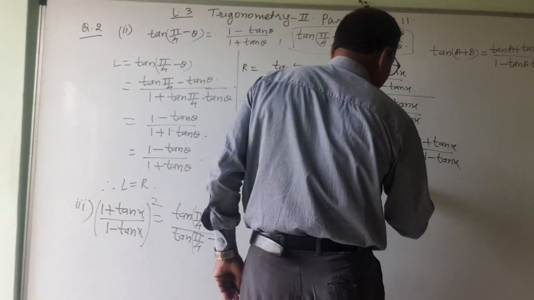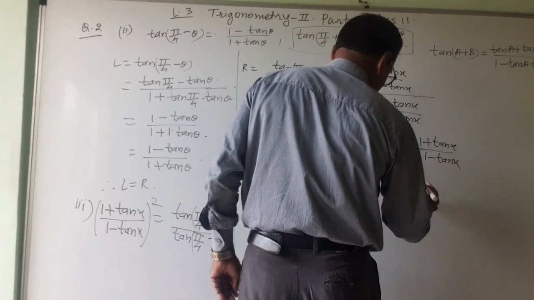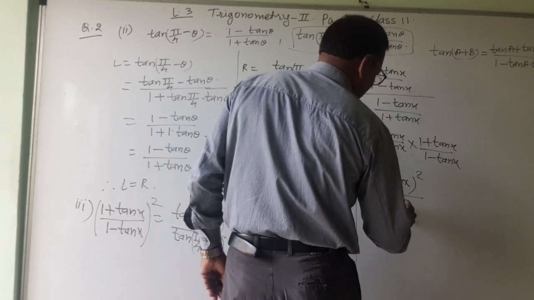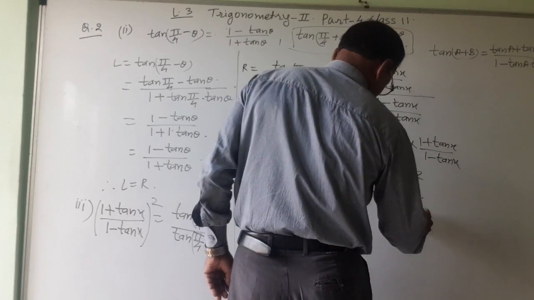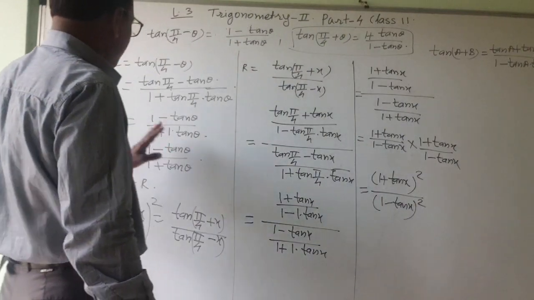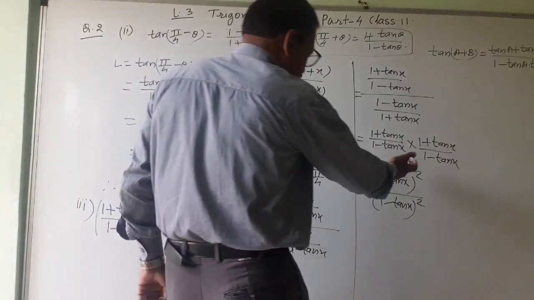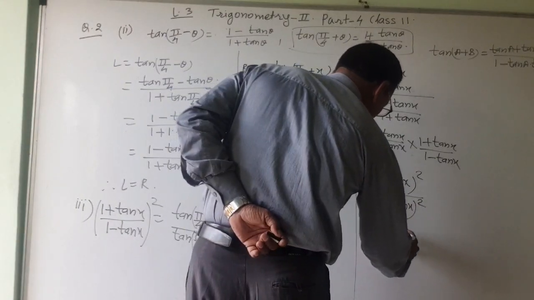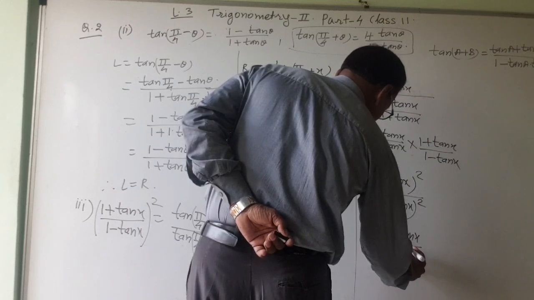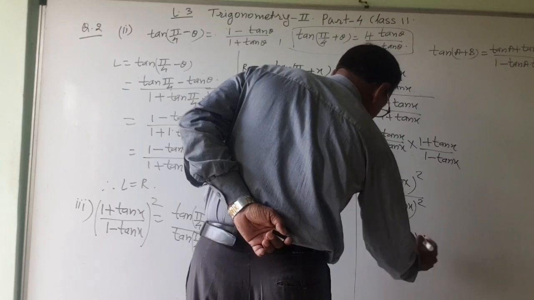So 1 plus tan x bracket square upon 1 minus tan x bracket square. And now how they want it together, this. So this square I will give, 1 plus tan x upon 1 minus tan x, bracket square.